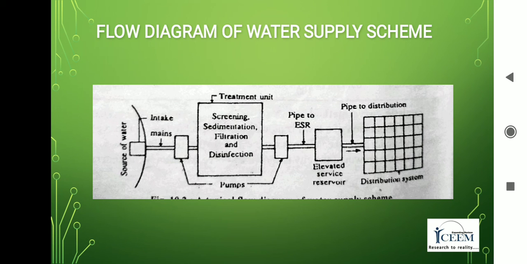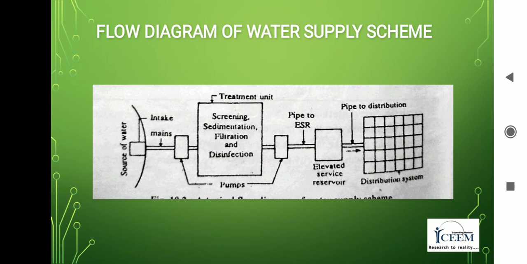Next, maximum daily consumption should be considered for design of pipe mains in the water supply scheme. The various units of the treatment plant should be designed for maximum daily consumption.